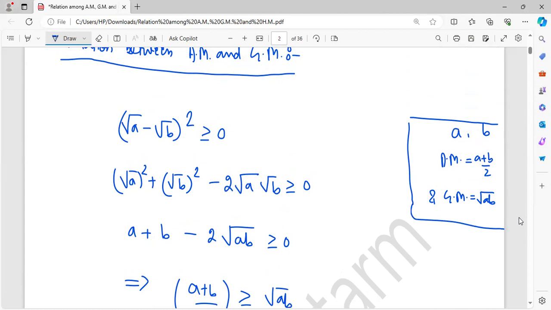A has to be non-negative and B too, then we can write this. Otherwise, we cannot. If A is negative, we cannot write. So in assumption, we have taken this.